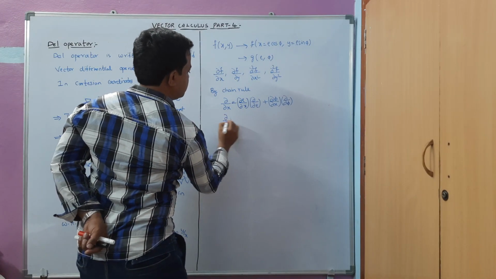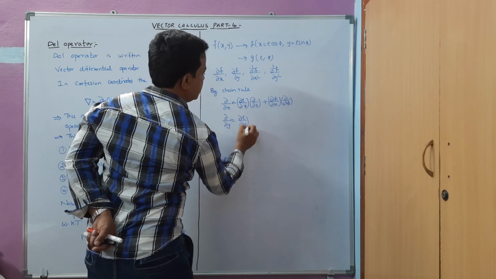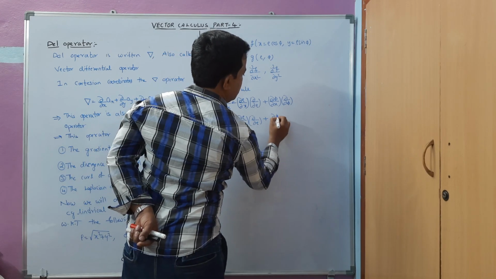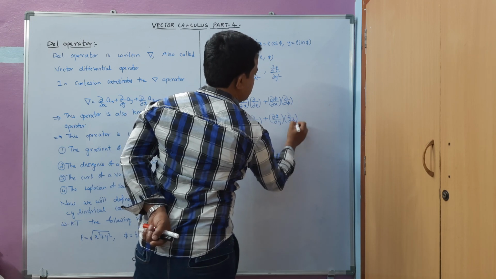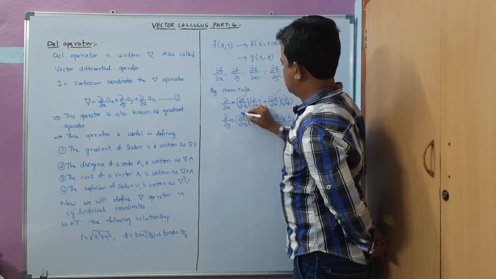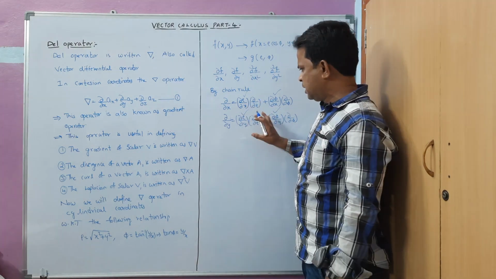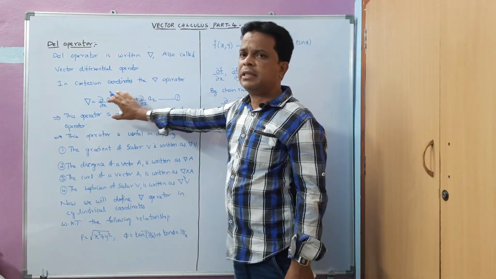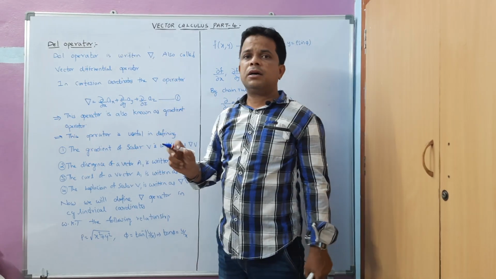Dou by dou y is equal to dou rho by dou y into dou by dou rho plus dou phi by dou y into dou by dou phi. Now I have to define all these terms here, that is 1, 2, 3 and 4. So if I derive all these, I can keep them in this one. Now after getting these equations, we have to substitute in equation 1. So that is the completion of the del operator in the cylindrical coordinate system.